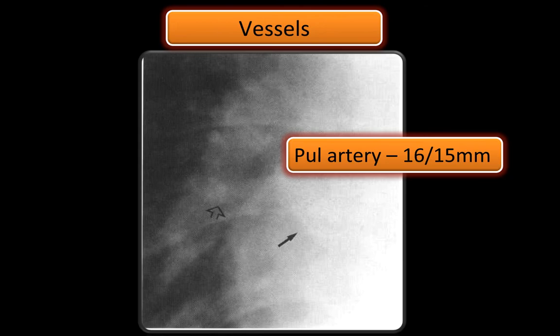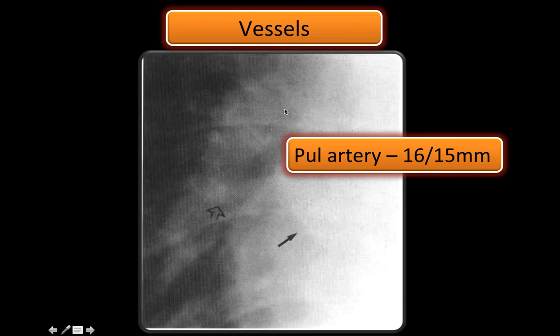I told you that this is the pulmonary artery, but I didn't tell you the diameter. If this is one margin and this is another margin, if you measure this line and it is within 15 or 16 millimeters, then the pulmonary artery diameter is normal. This is very important. But the point is, from where will you measure this distance? Will you measure it here or here or here? I told you about the hilar angle.